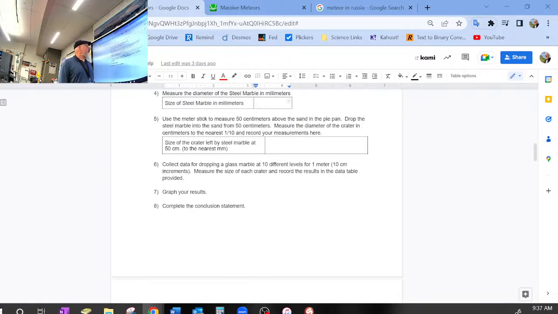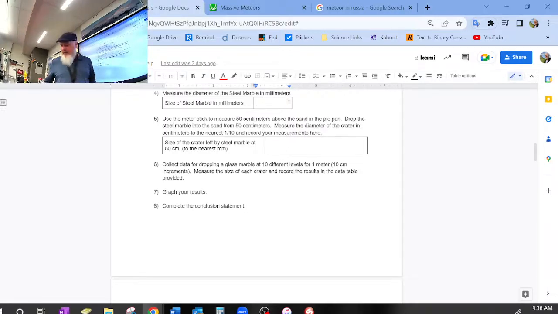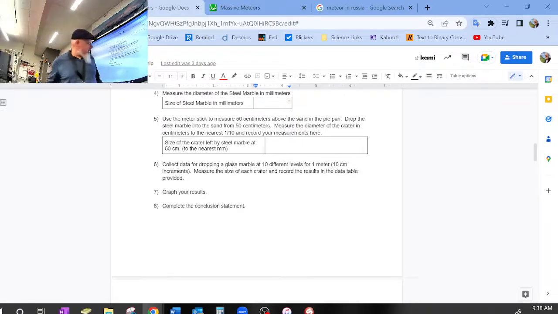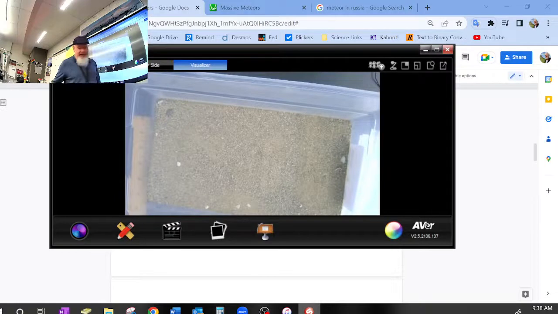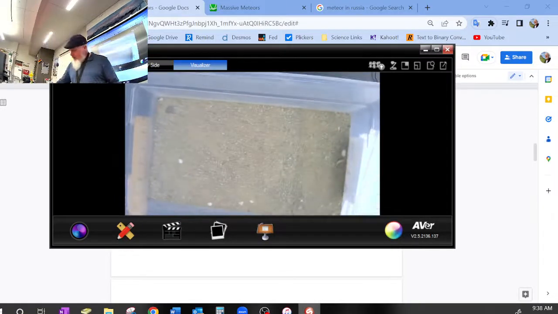All right. Then it says use a meter stick to measure 50 centimeters above the sand in the pie pan. Drop the steel marble into the sand from 50 centimeters, and measure the diameter of the crater to the nearest 1/10, in other words, the nearest millimeter. So I'm going to shake my sand here, get it all ready to go.